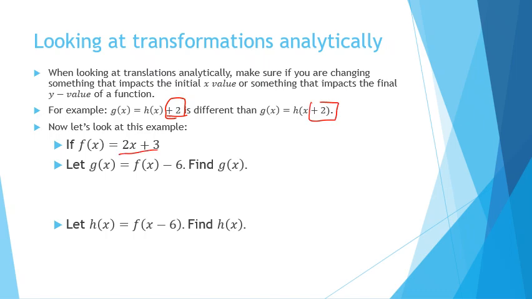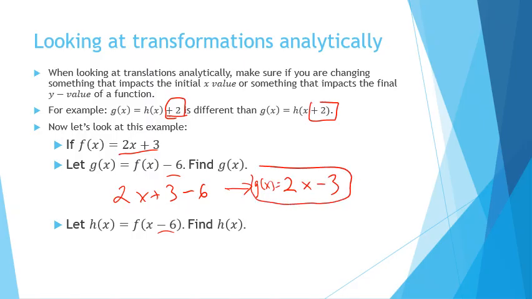Let's take this function 2x plus 3, and let's take a look at moving it 6 units down versus 6 units to the right. So f of x minus 6 is just 2x plus 3 minus 6, which is just g of x, I should say, is equal to 2x minus 3. So that's our answer there.